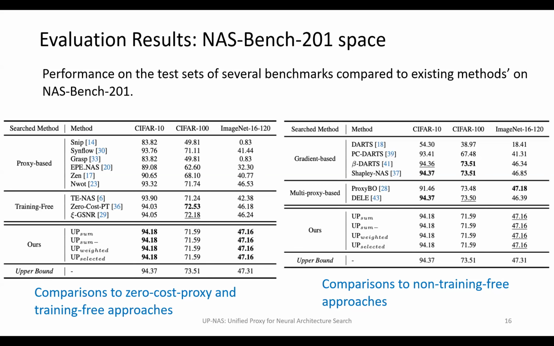For the comparison with non-training-free approaches, our approach is also very competitive. Although a little worse, our approach is training-free. It belongs to the zero cost proxy approaches, without using training.